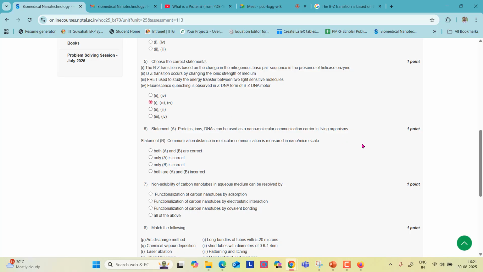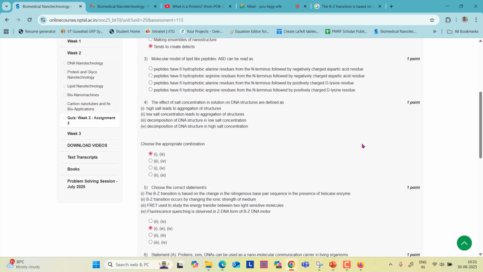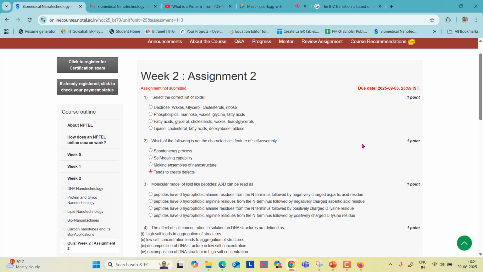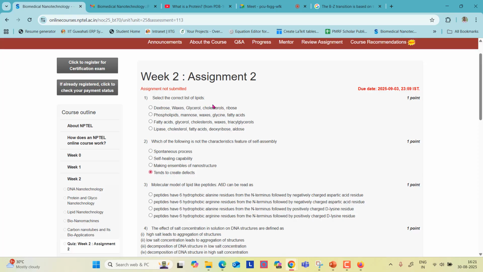Okay, so proceeding to the next question. I think 1 and 3 are left, so we'll do that. Select the correct list of lipids. The first question is select the correct list of lipids.